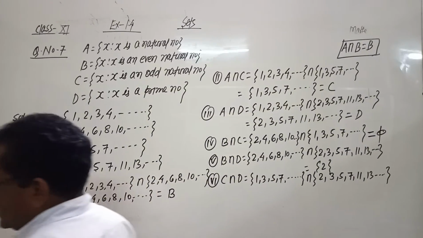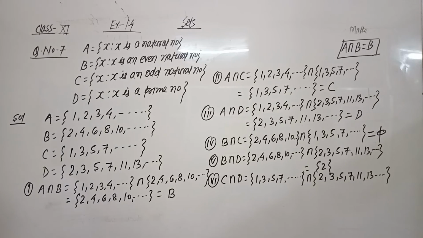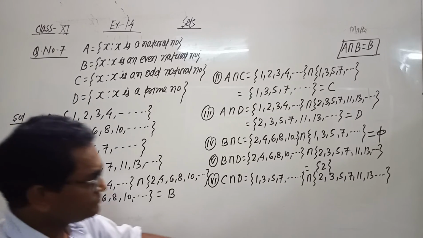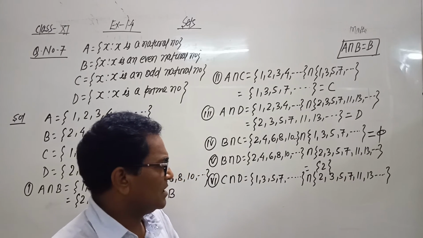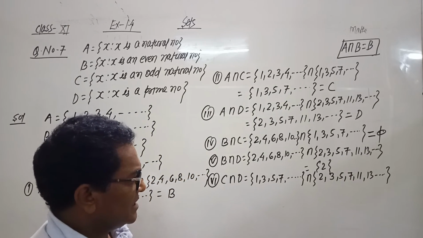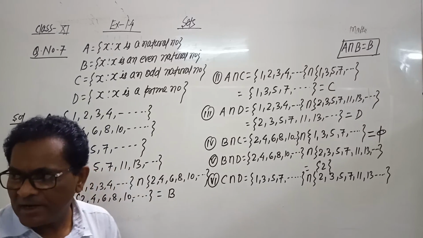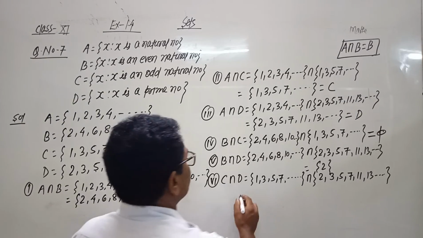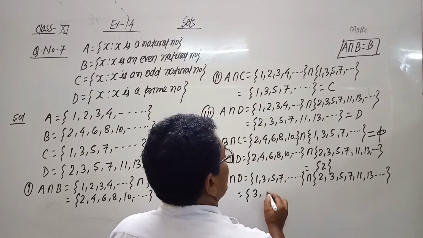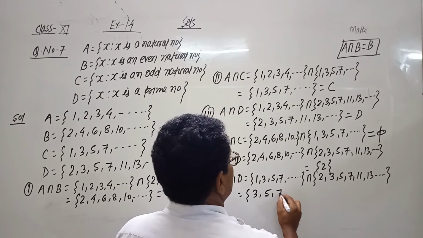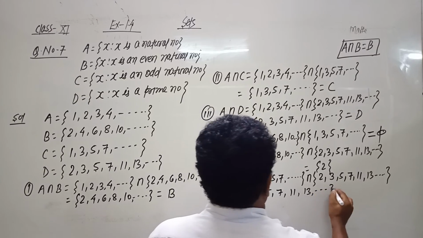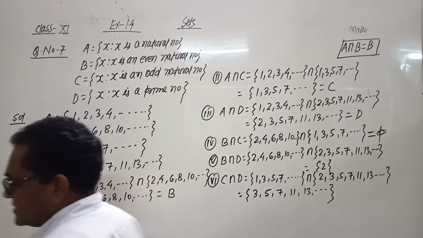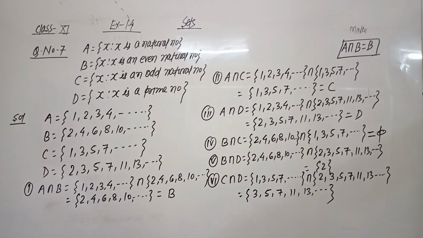So what is common in the terms? Excluding 2, 3 is common, 5 is common, 7 is common, then 11 is common, 13 is common. So 3, 5, 7, 11, 13 and so on.